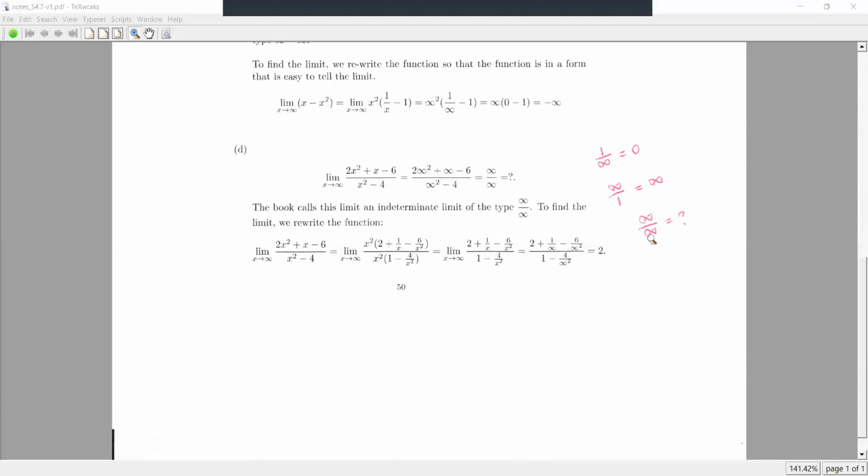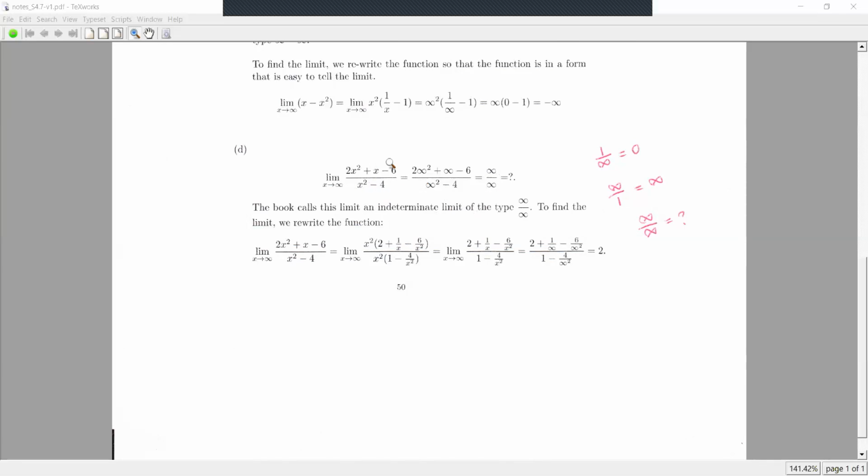It can be any number depending on the problem. So for this limit, direct substitution fails. So this is a difficult limit. The book calls this limit an indeterminate limit of the type infinity over infinity.